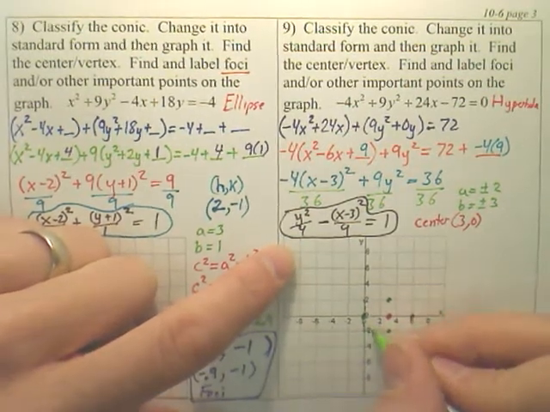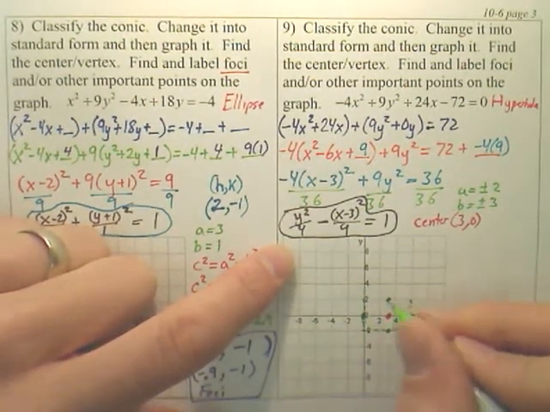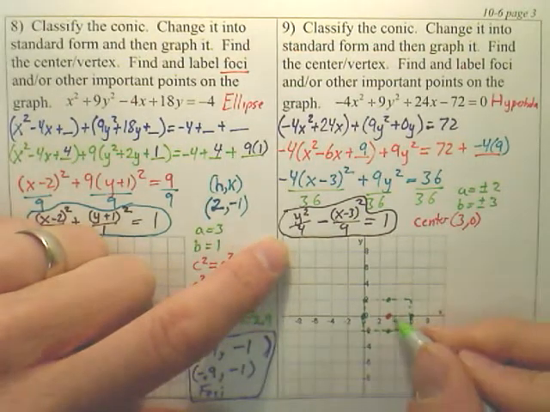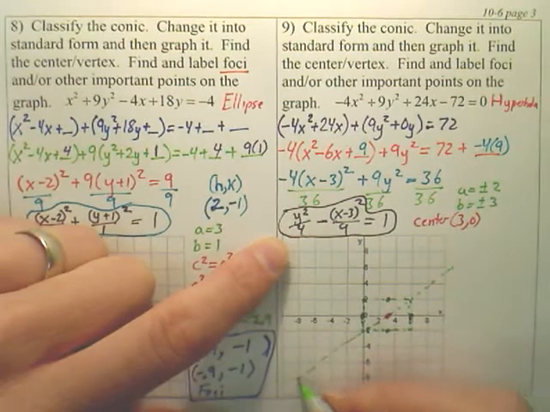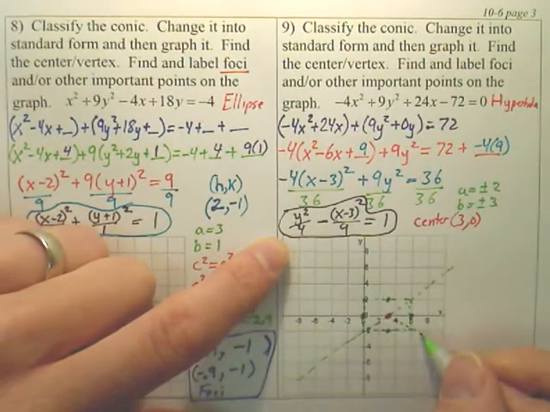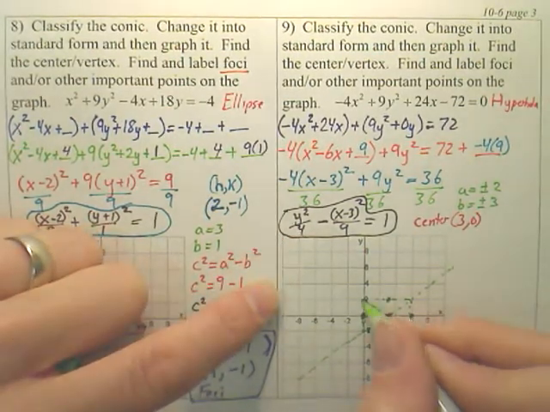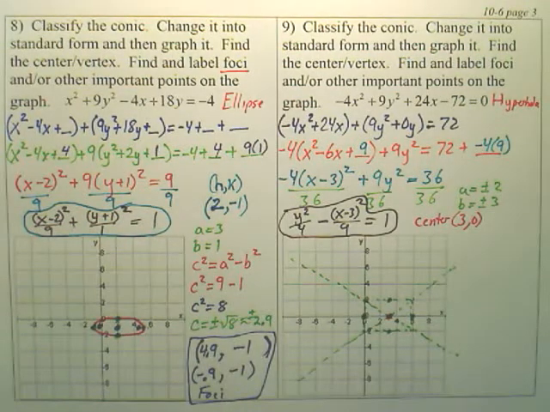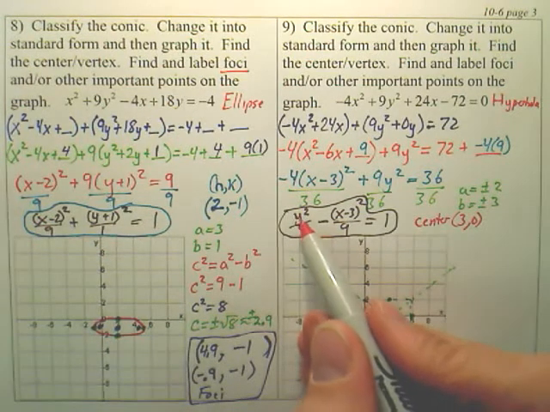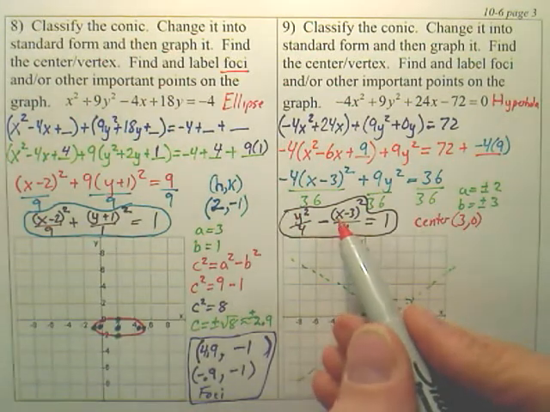And then for a hyperbola, what you do is you create a box. Because from that box, you're going to create an asymptote. You create asymptotes. And then from those asymptotes, the whole point is you're making these asymptotes. From these asymptotes, you know the y is first. If x was first, you go left to right.